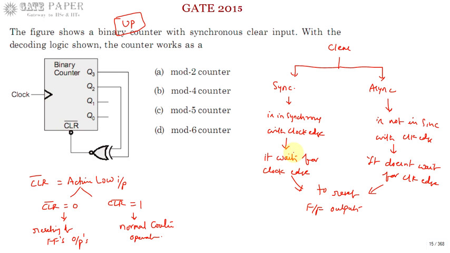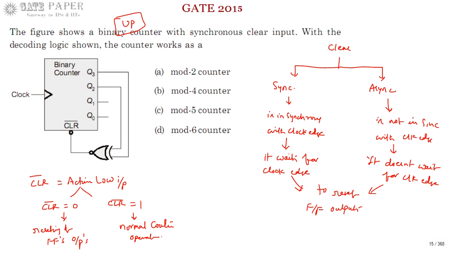So this is the final operation, resetting the flip-flop outputs. But if it is synchronous clear, it will wait for the clock edge even though you are giving clear equal to 0. When the clock edge arrives, only then will it reset the flip-flop outputs. In case of asynchronous clear, it is not in sync with the clock input, so it doesn't wait for the clock edge.